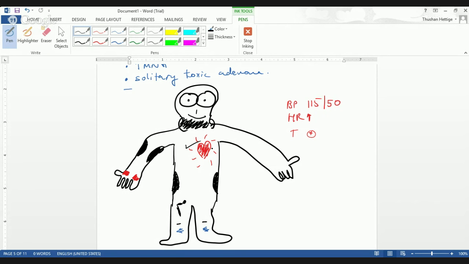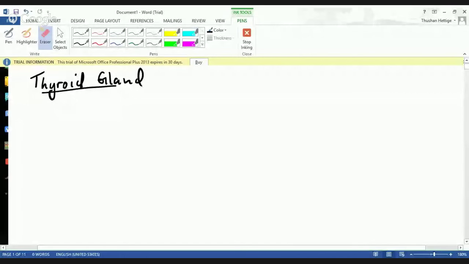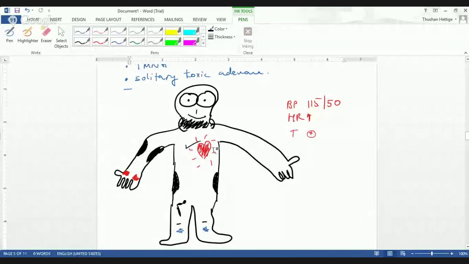You check his temperature. He's got a fever. His heart rate is like 160. His blood pressure is falling. You check his thyroid levels, and it's through the roof. So you're trying to imply a thyroid storm. He's got a thyroid storm, yeah?